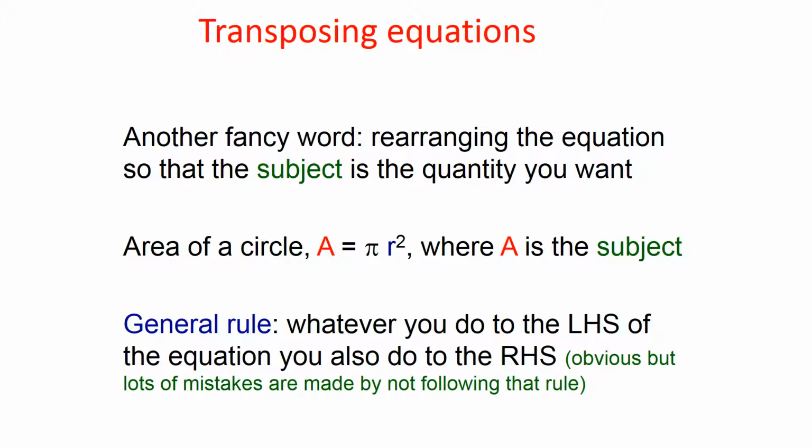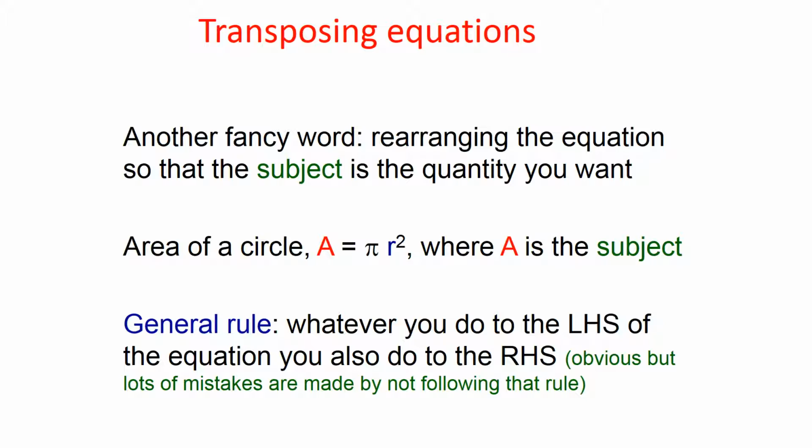So it doesn't really matter what order you do things in. You could take the square root of both sides first, which would give you the square root of A equals the square root of pi times r, and then divide by the square root of pi, and you'd have the square root of A over the square root of pi, and that would be the same as the square root of the whole fraction.